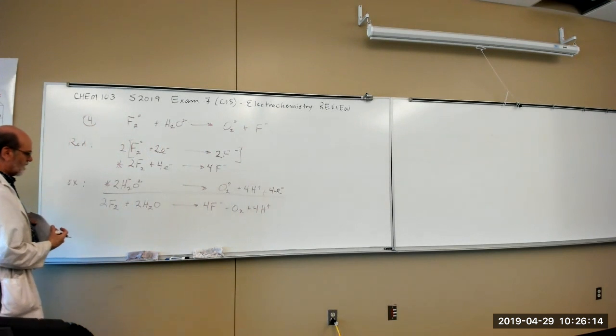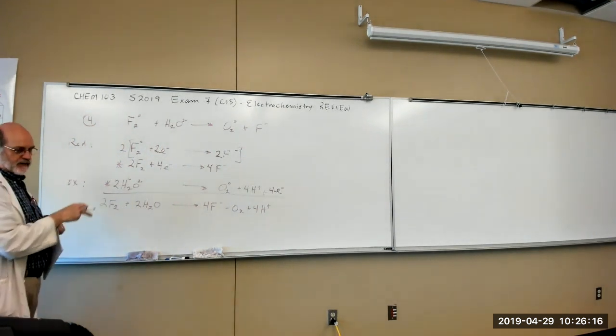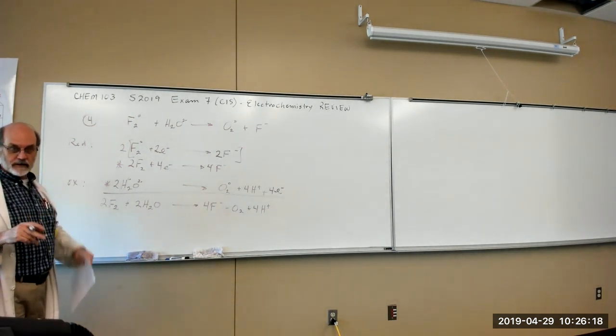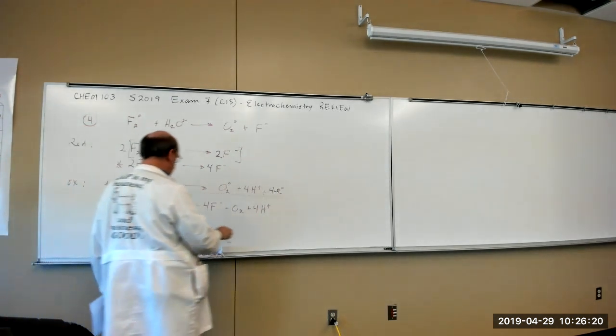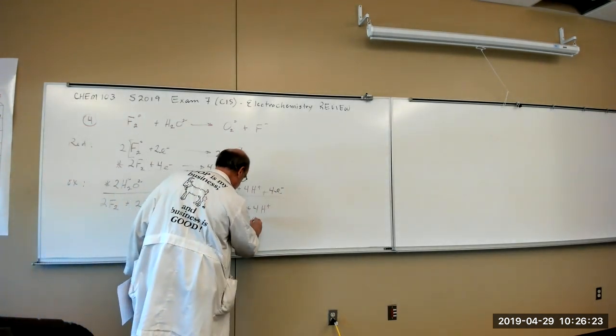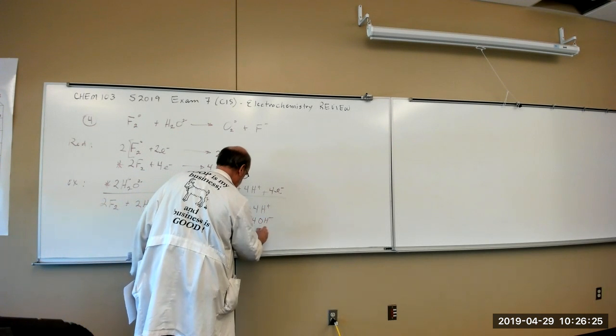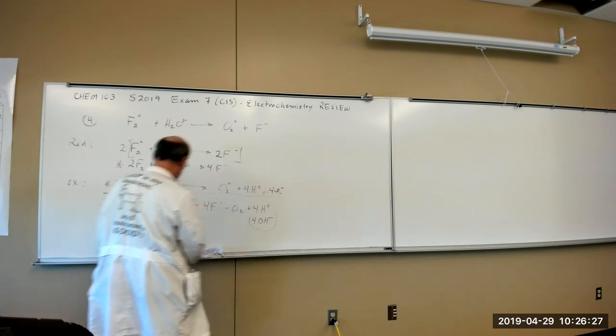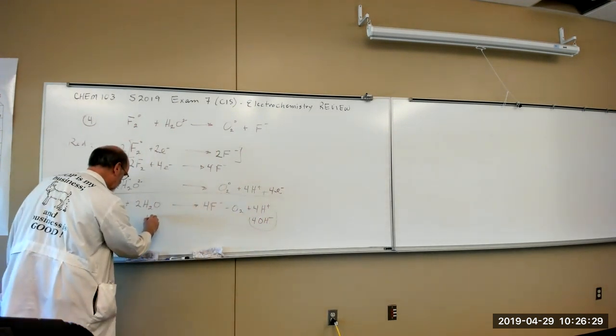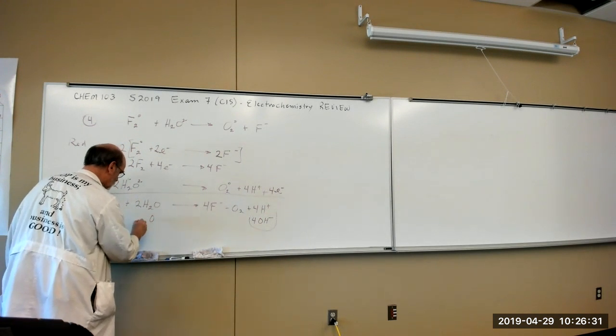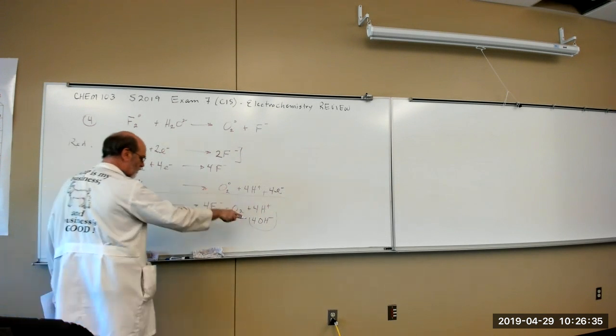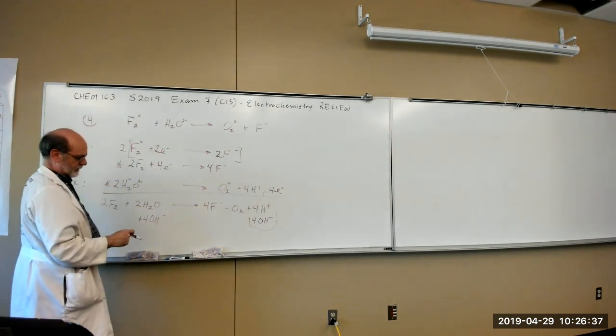Okay, now that's acidic solution. Now we're going to convert it to basic. So we got to neutralize the acid. That means on this side, we have also 4 hydroxyls. We added them over there, we got to add them on this side.